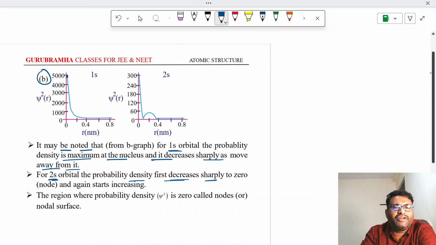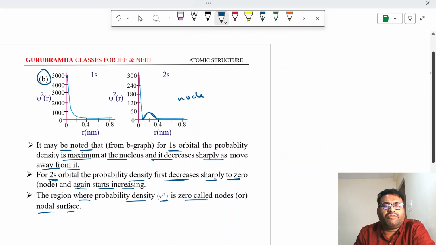It is also very close to the nucleus and its probability is also high, but as we move away it decreases sharply to 0, where it touches the x-axis. That is zero probability, called a node, and again it starts increasing. The region where the probability density psi square is 0 is called a nodal surface or spherical node.